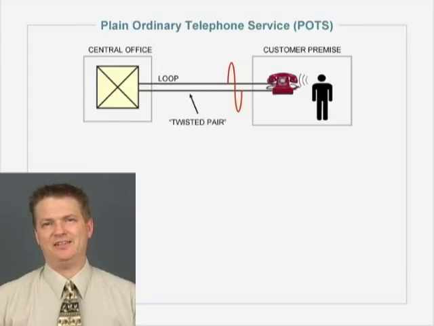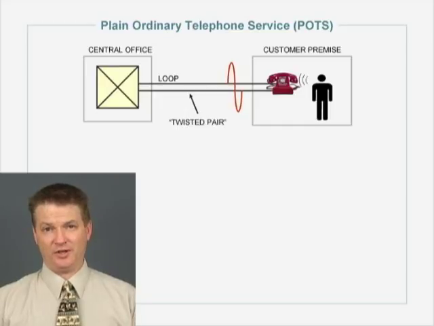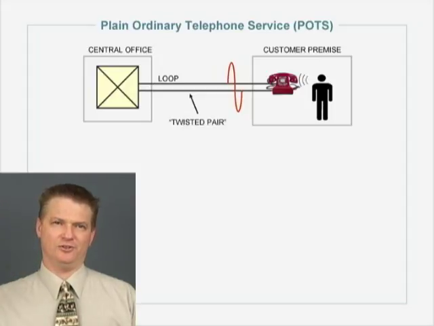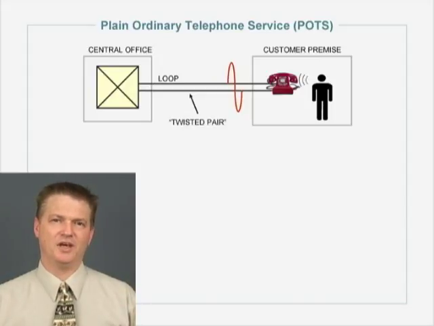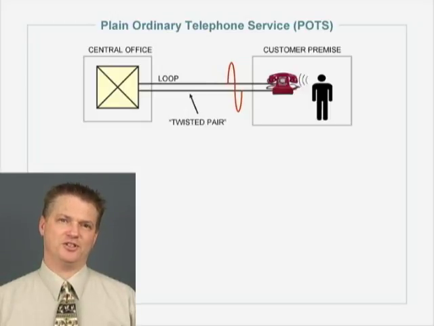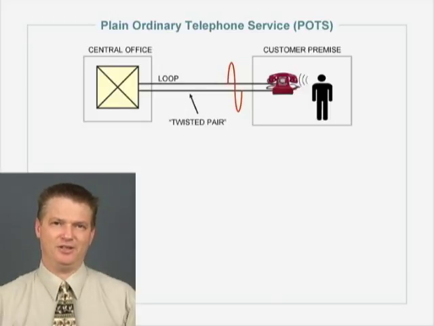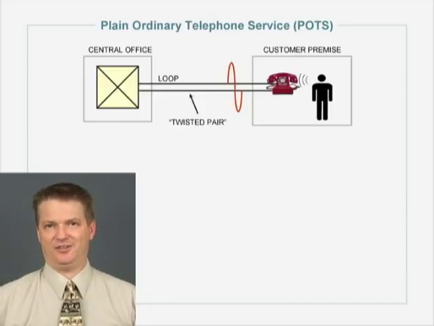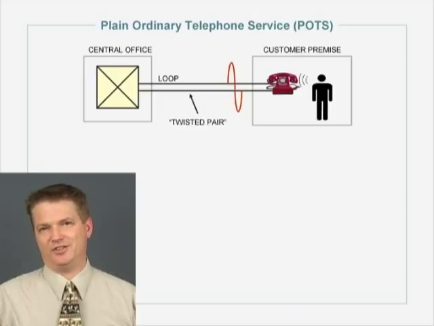But from a magnetic point of view, from a radio waves point of view, from an interference point of view, it ends up looking like a whole bunch of small loops when we twist it together. And you can show that the total area of the small loops is smaller than the area of the big loop. And so by twisting it together, it minimizes the antenna effect of the two wires. And since there are two wires, it's called twisted pair.